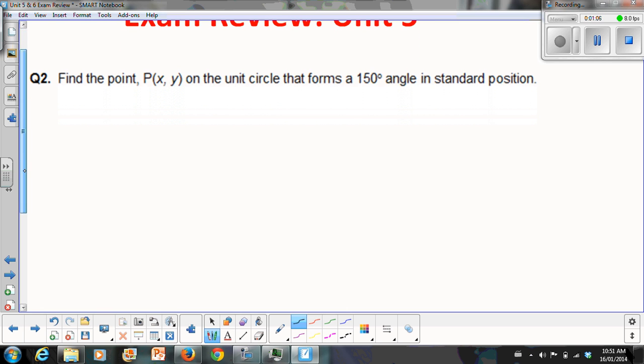The next thing that we're looking at is points on the unit circle and angles as they rotate around from 0. So if we draw our unit circle like this, it says to find the point XY that forms a 150-degree angle.